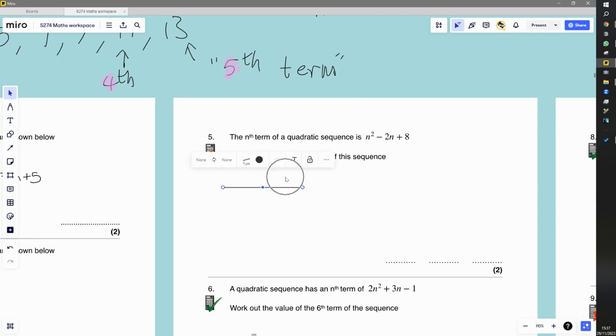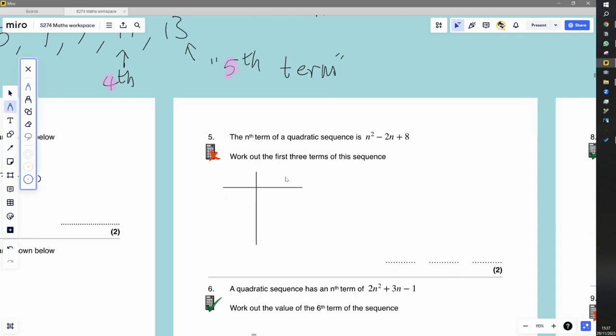Okay, so I'll make a table. So we've got n: 1, 2, 3. We just want the first 3 terms. So the nth term is going to follow that equation there.